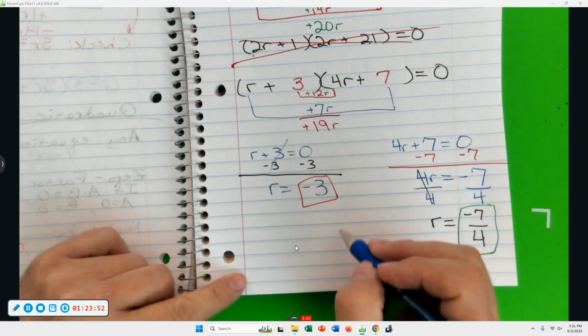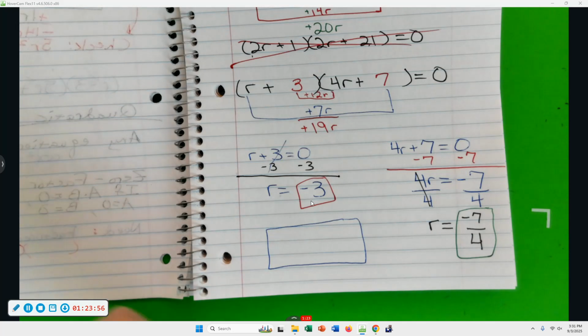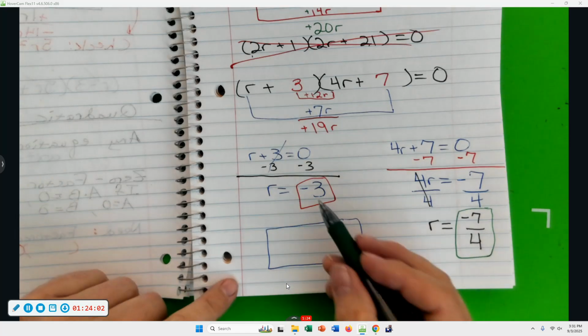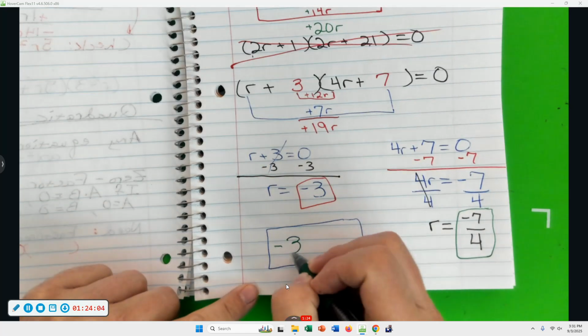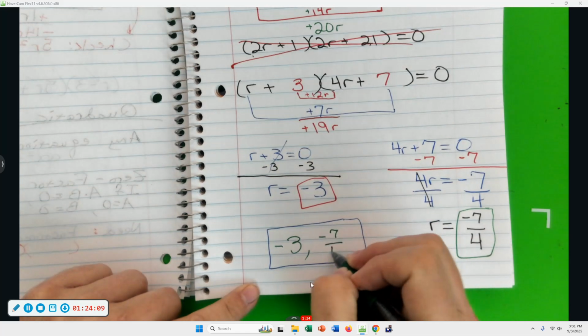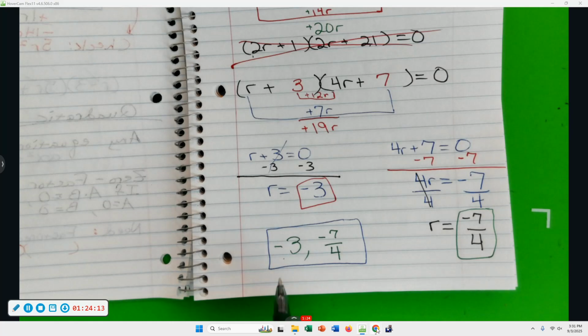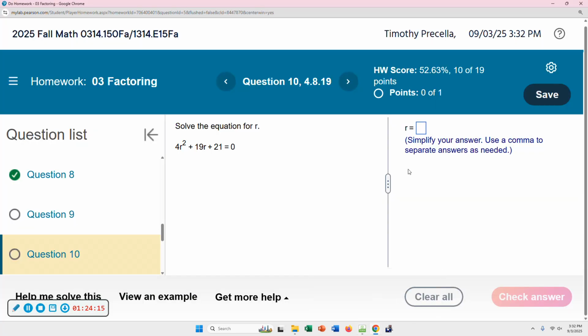Here's your little blue box in MyLab. There it is. What you're going to do, you have to type in those 2 answers. The order doesn't matter, but if you have an integer, it's easier to type the integer first, comma, and then the fraction. If you put the fraction first, you have to worry about getting out of the denominator and not typing the -3 in the denominator.